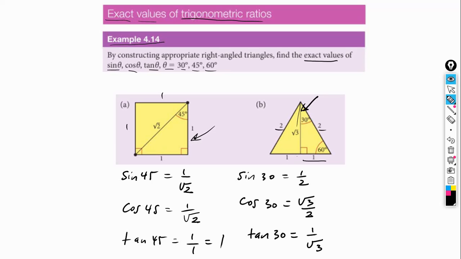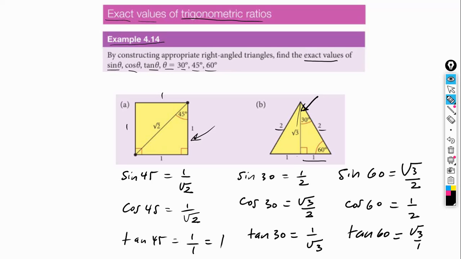Then we have that sine of 60 is equal to square root of 3 over 2. Cosine of 60 is then going to be 1/2. And tangent of 60 is going to equal square root of 3 over 1, or square root of 3.